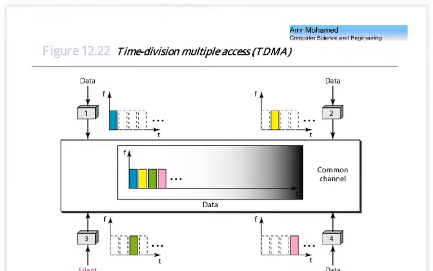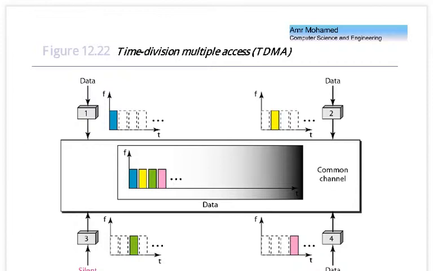So the whole spectrum of the network will not be divided in the frequency range. Each node that sends uses the entire frequency range of the channel, but in a specific time slot. And in that case also we don't have any collision.